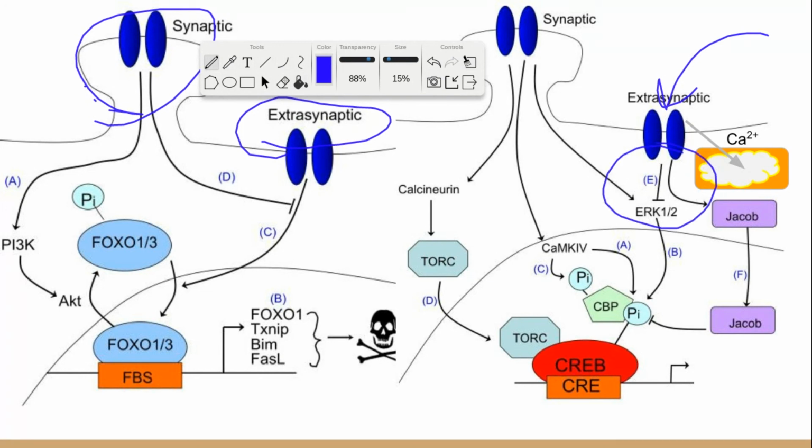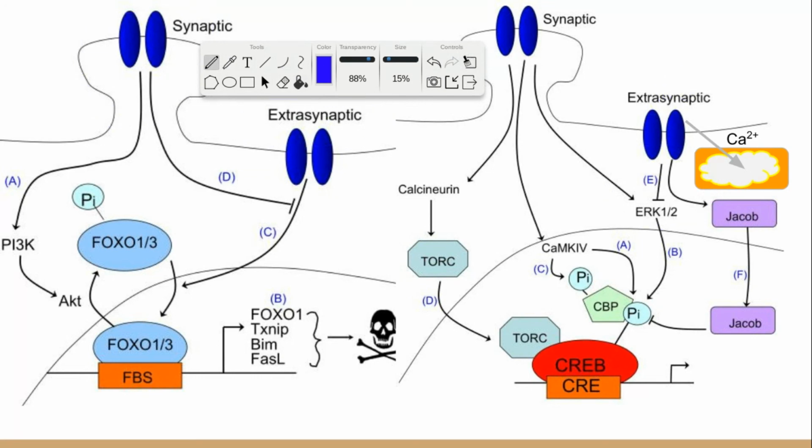And calcium flux at these locations ultimately leads to the loss of CREB signaling. And we just talked about how CREB is very important for cytoprotection. Extrasynaptic NMDARs ultimately lead to the downregulation of CREB, likely through the activation of this protein called Jacob.